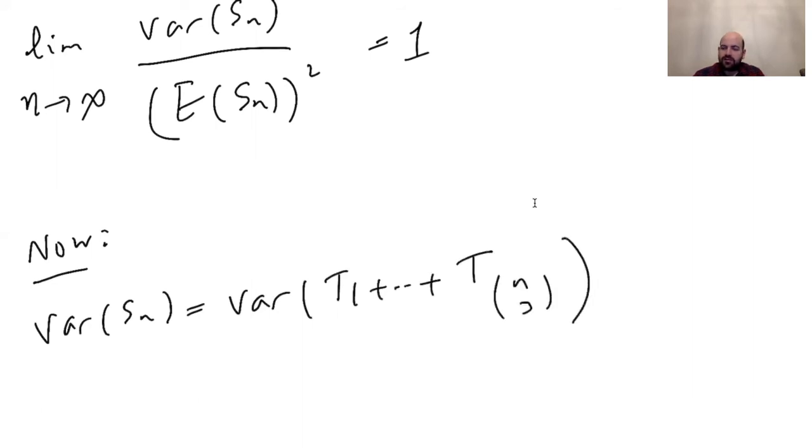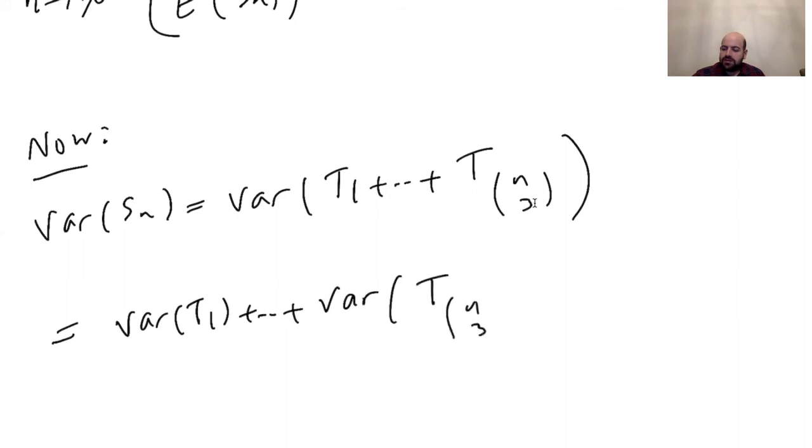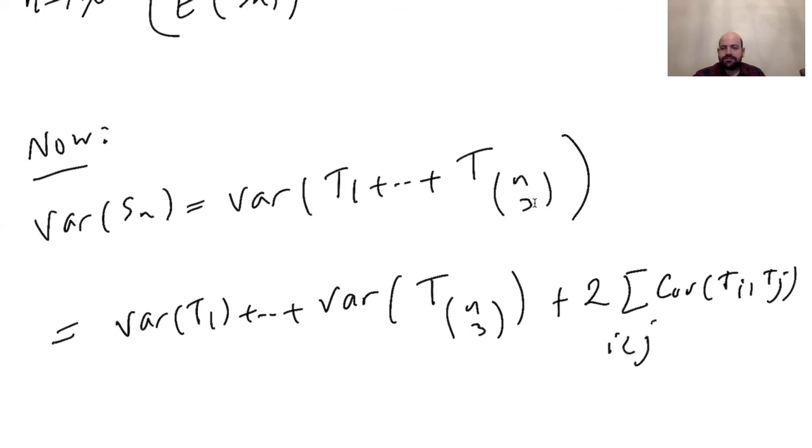Now, we derived the formula last time for the variance of a sum of random variables, which is variance T1 all the way to variance T sub n choose 3 plus 2 times the sum of covariance Ti Tj over i less than j. If you remember, this was the formula for the variance of a sum of random variables.